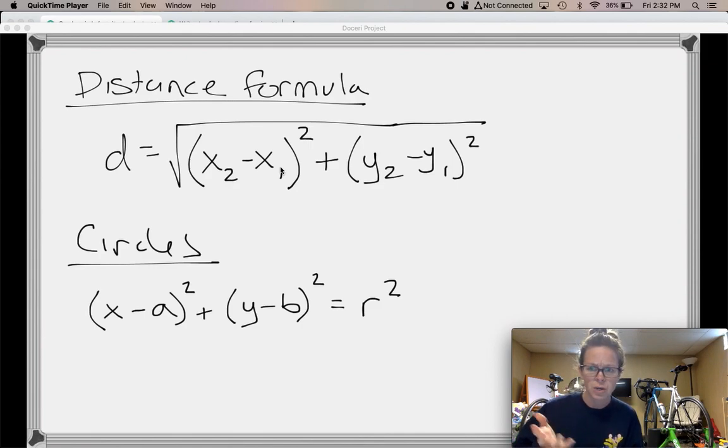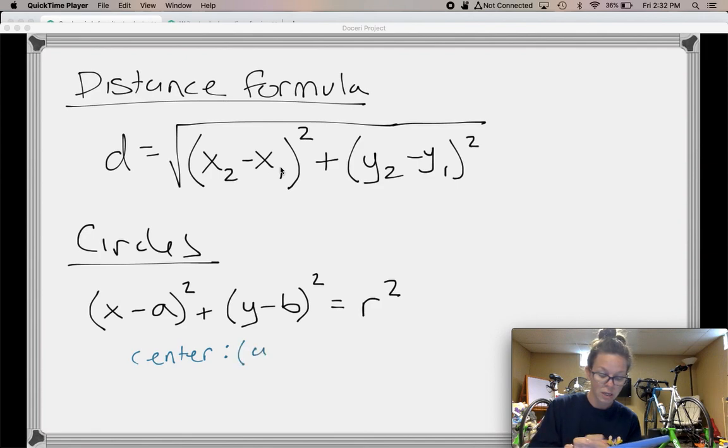Now, we finished a unit recently about circles, and then we learned about circles in terms of area and circumference. So remember that the 2 important parts of a circle are its center. The center of this circle is going to be at A comma B, right? Those numbers in the parentheses, but notice that it's x minus A and our center is at just A. So it's going to be the opposite of the number in that parentheses group.